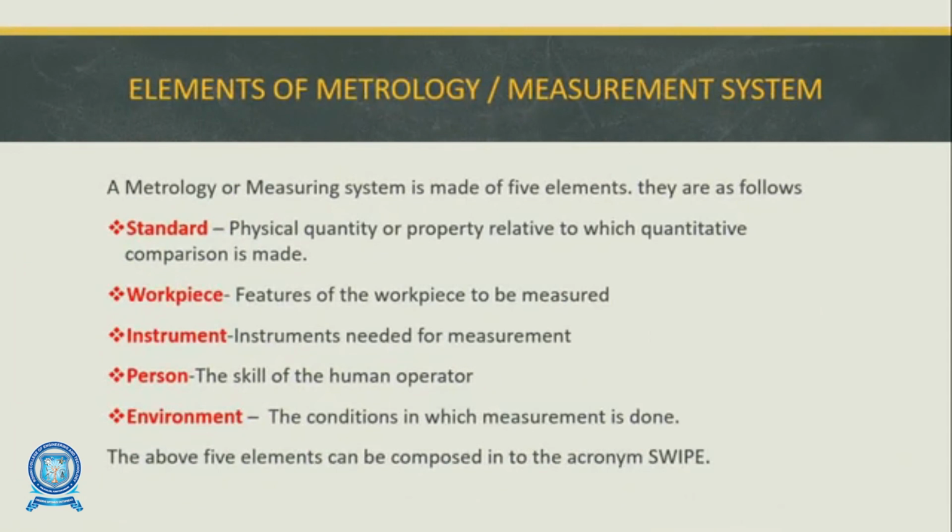Okay, what is the next one? Person is nothing but here the skilled operator. Skilled operator is nothing but the operator or a person who has more knowledge about the elements of metrology or a measuring system.